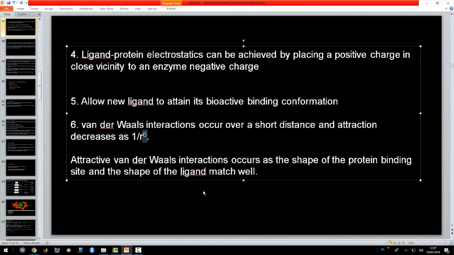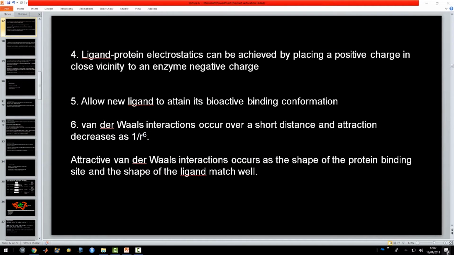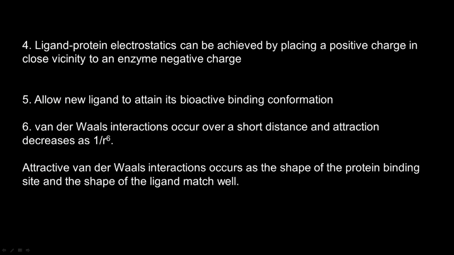Attractive van der Waals interaction occurs as the shape of the protein binding site and the shape of the ligand match well. So that means shape comes into the picture; the shape of the binding site and the shape of the ligand should match nicely.